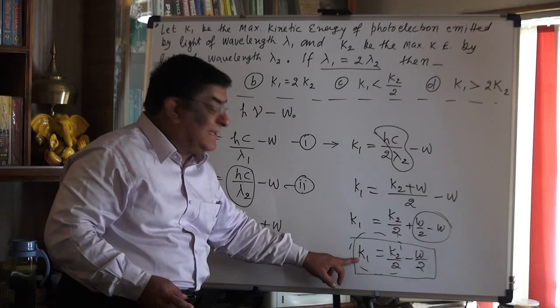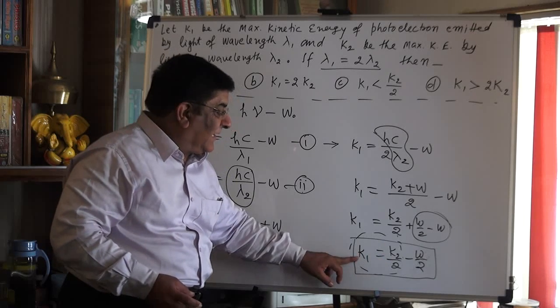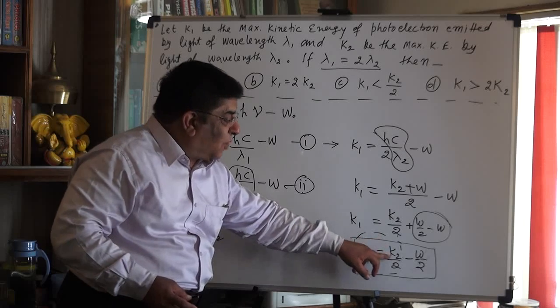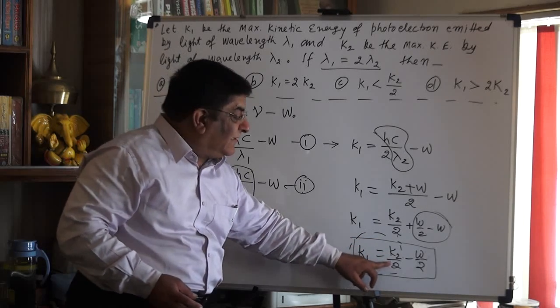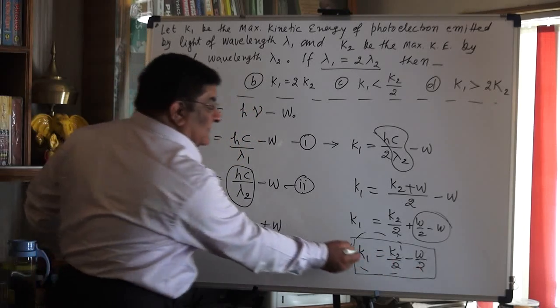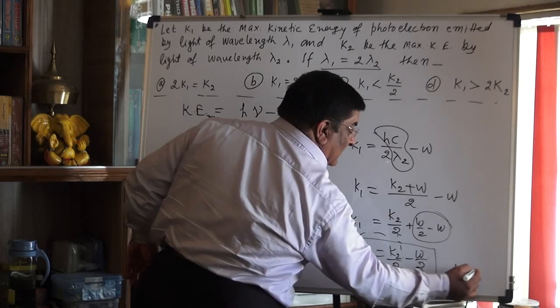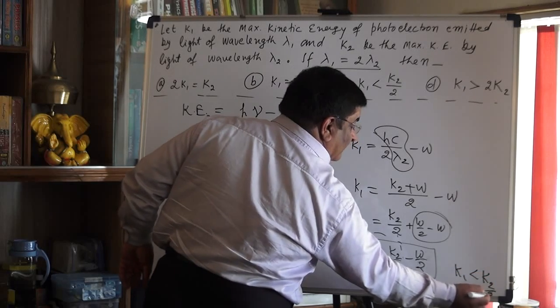That means K2 upon 2 is larger than K1, or K1 is smaller than K2 upon 2. So this gives us the result that K1 is smaller than K2 upon 2.